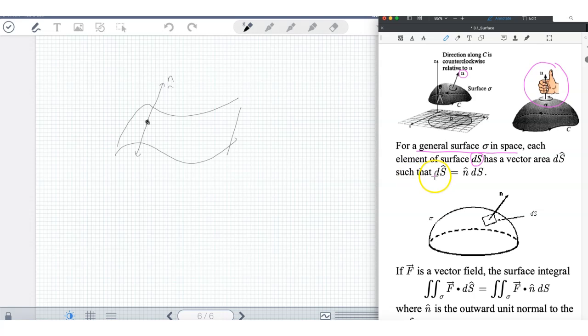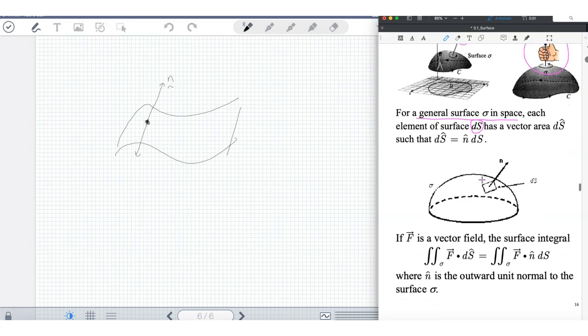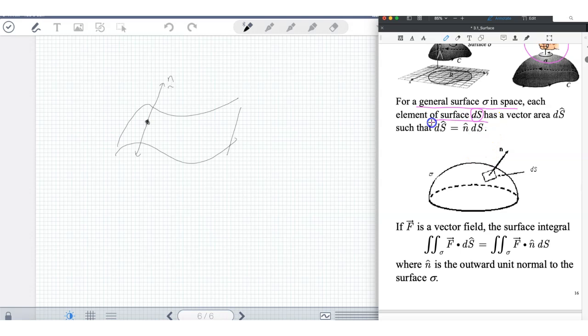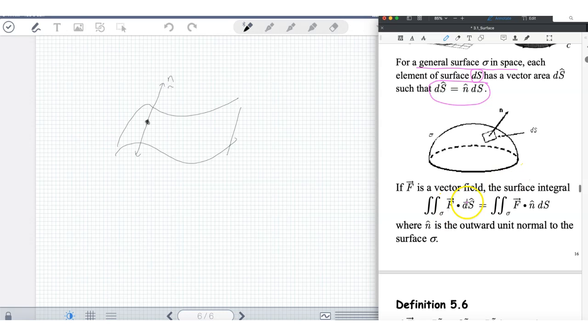What we have is that dS, which is a vector, is the same as the unit normal vector multiplied by the surface element dS. We use this to convert from F dot dS.